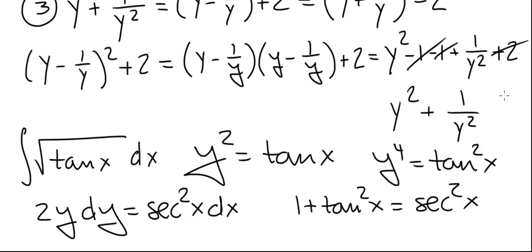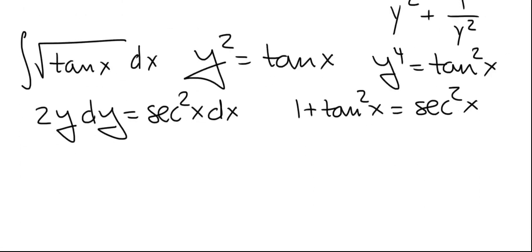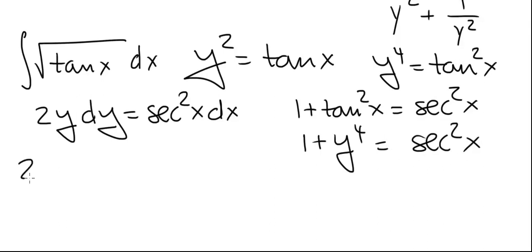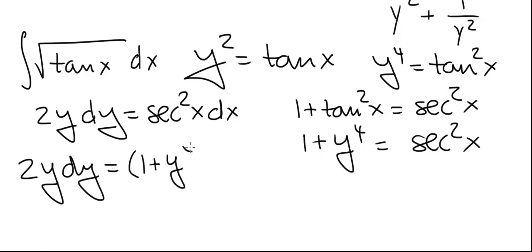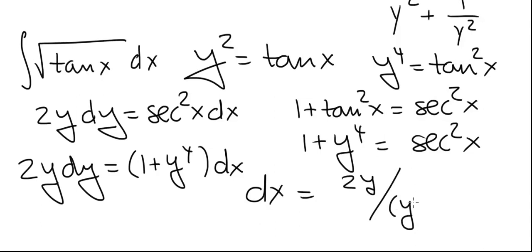We see that tangent squared is y to the fourth. So 1 plus tangent squared is 1 plus y to the fourth, and that is equal to secant squared of x. So now plugging it back in here, we get 2y dy equals 1 plus y to the fourth dx. And then if we solve for dx, that's 2y divided by y to the fourth plus 1 times dy.